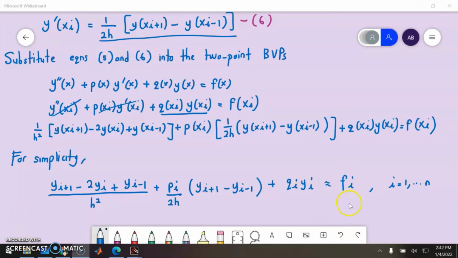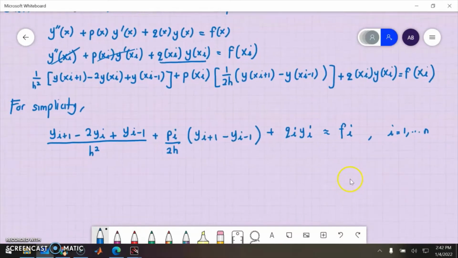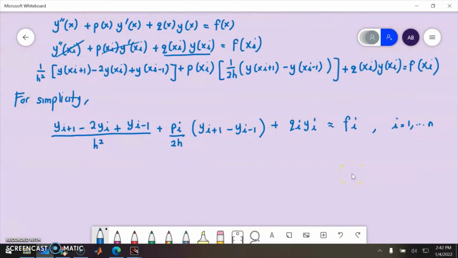Now all we have to do is arrange the terms and collect all the common terms involving y_i and y_{i+1}. Before arranging, what I can do is multiply this whole thing by 2h squared.